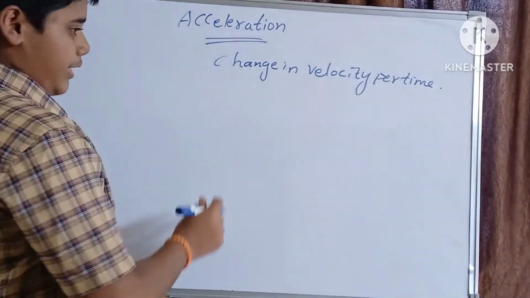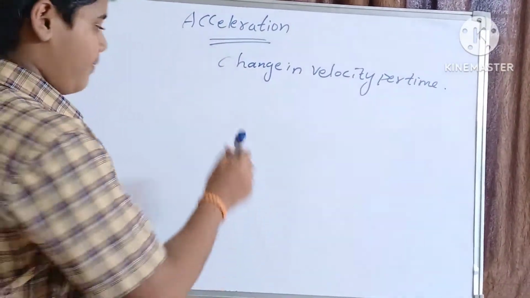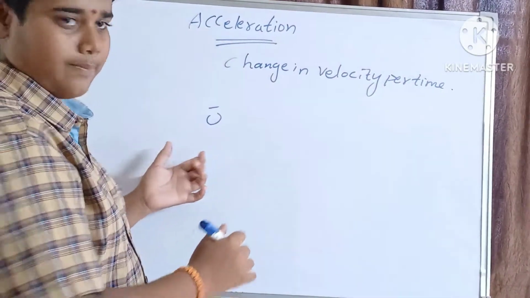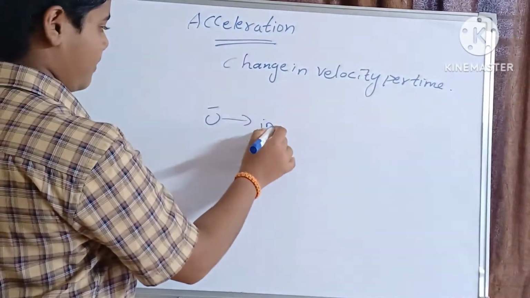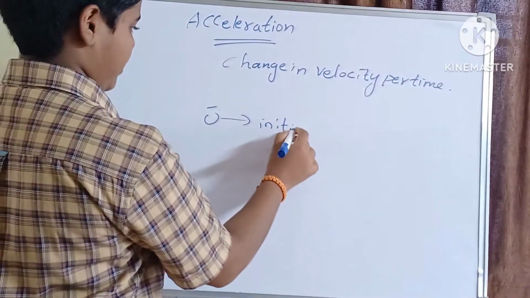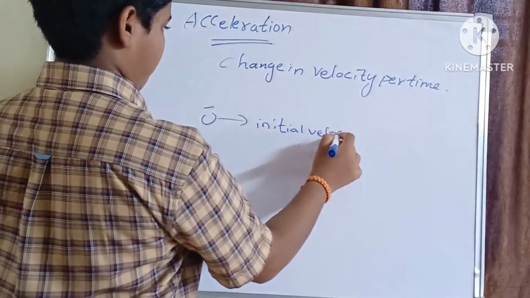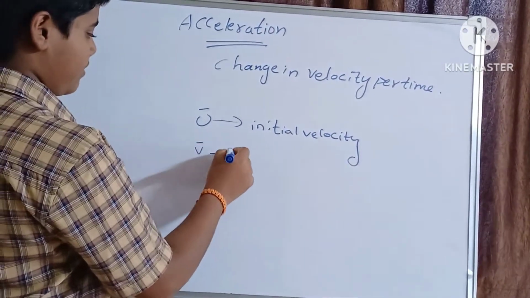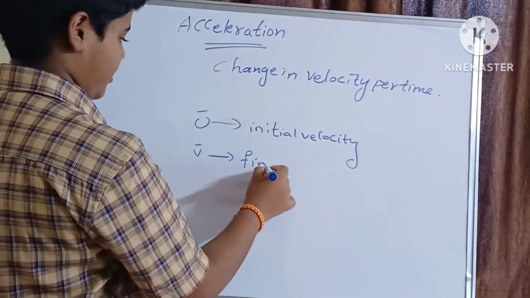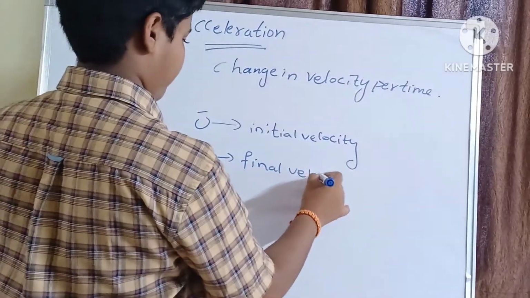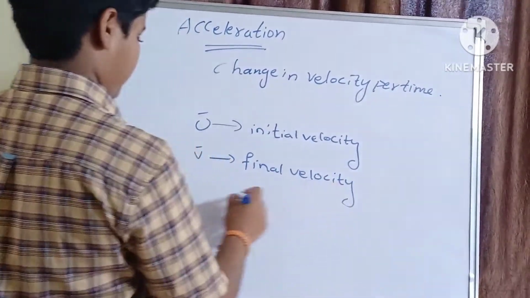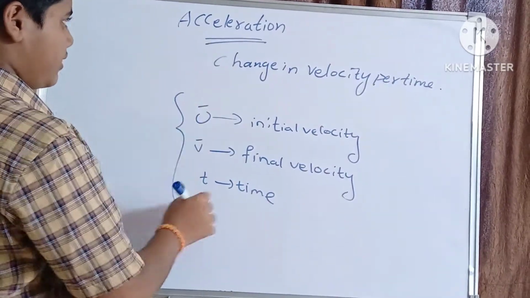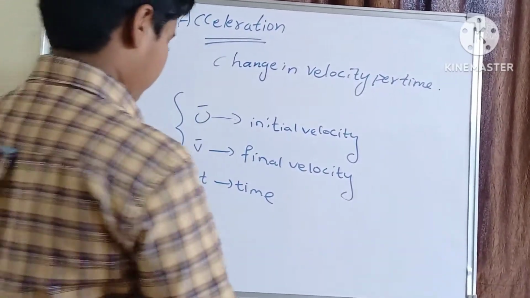For example, if a car is at rest, here u bar means initial velocity, v bar means final velocity, and t means time. These are the terms used in acceleration.